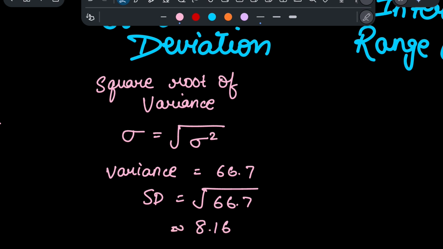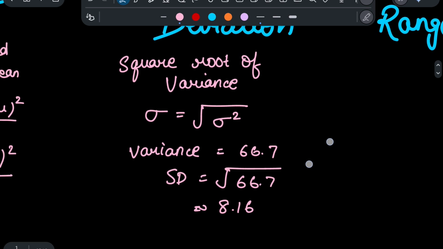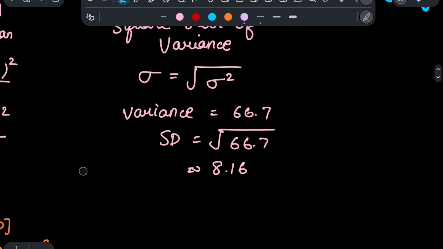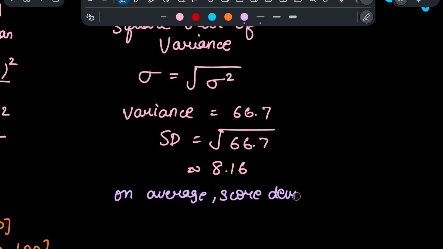Our interpretation of this is that on average the score deviates 8 points from the mean. So how would you read this? You will read this as: on average, the score deviates 8 points from the mean.